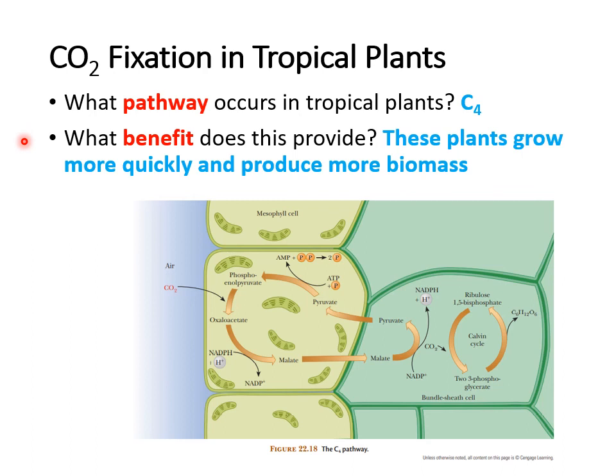So if you think of tropical plants and you picture those huge, robust leaves and the ones that are just really big overgrowth type plants, it's because they're using the C4 pathway rather than being C3 plants, which will only be able to use the Calvin cycle.